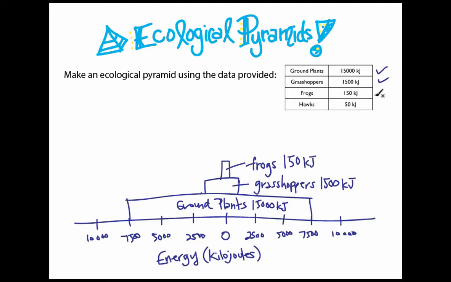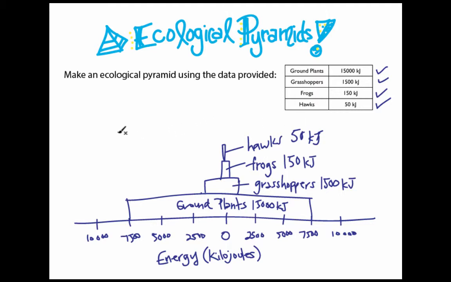And the last one, which is our hawks, and that's 50. So realistically, something like that. Hawks, that's 50 kilojoules. Now the next thing that we need to do is come up with a title for our graph.